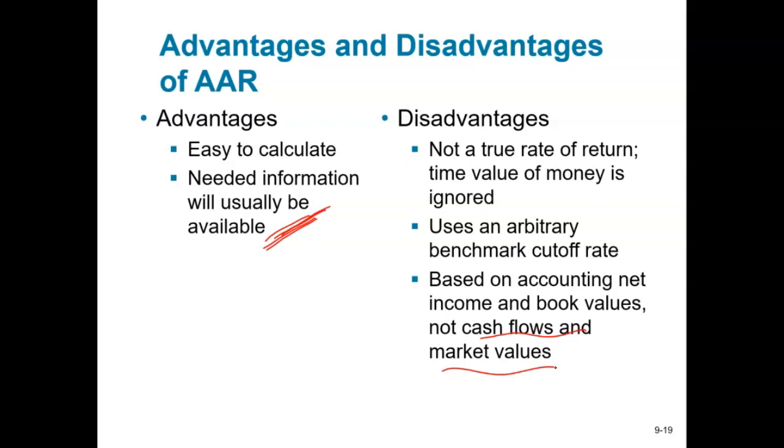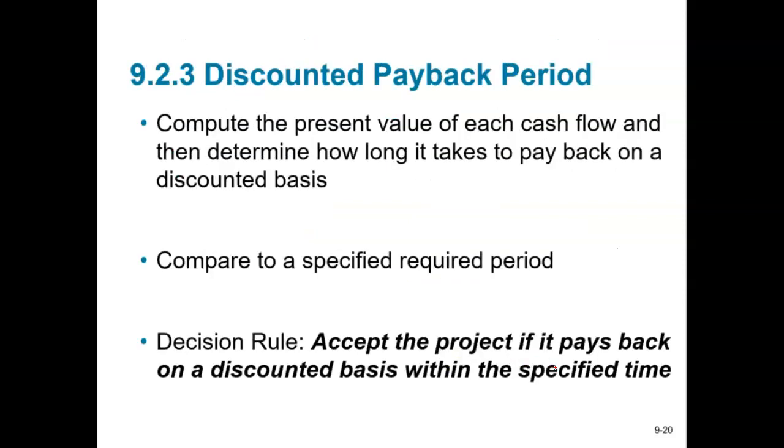So let's move quickly to the discounted payback period, which overcomes the time-adjusted demerit of the payback period. So let's see the discounted payback period. The discounted payback period is similar to that, but we first compute the present value of each of the cash flows and then determine how long it takes to pay back on a discounted basis.